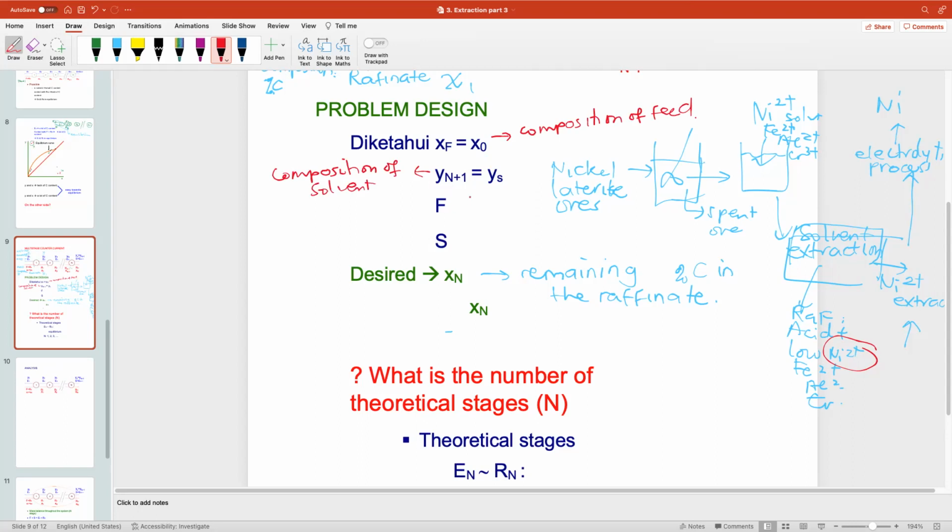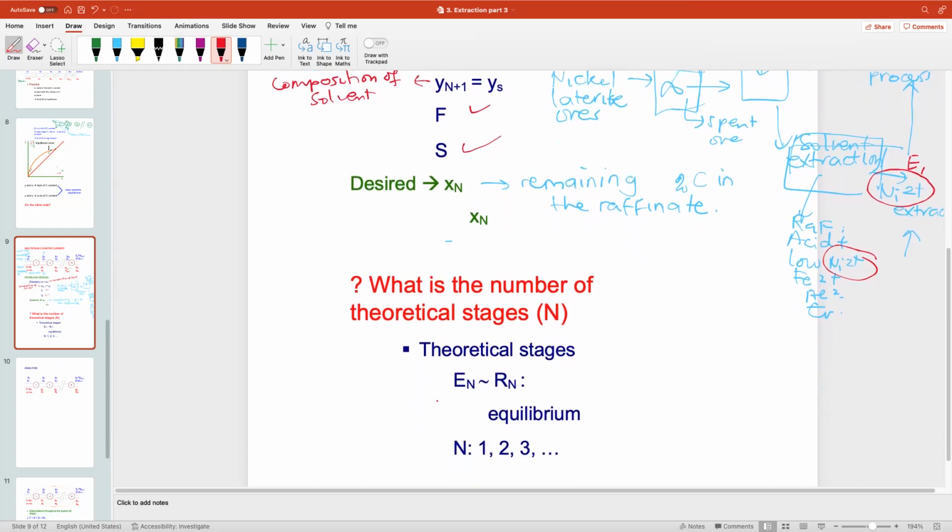This is the mass rate of the feed, we also know, and also how much solvent you put, the ratio between F and S, you also know. And then the desired is the xn. So after that, because you know the remaining nickel, or the xn, then you can calculate how much E1, or the extract that you got.